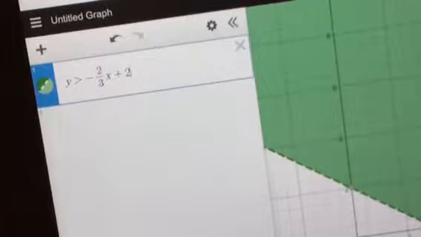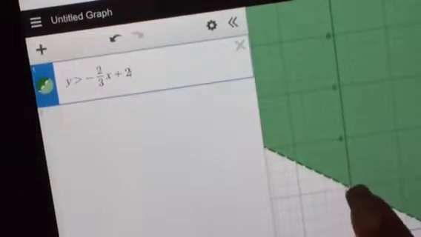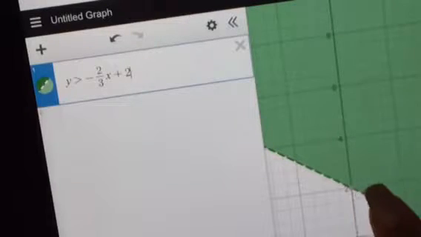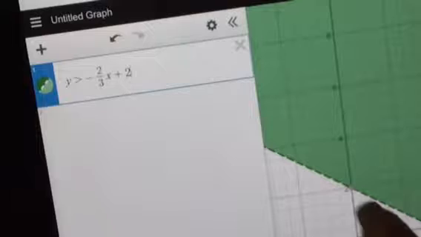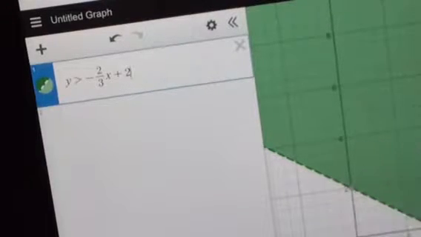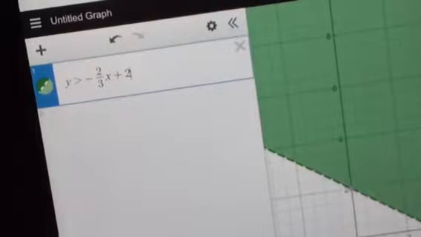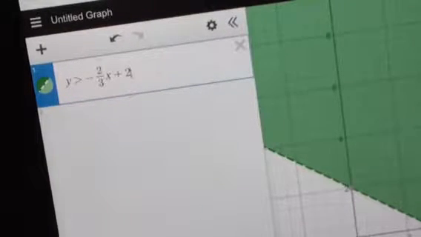There we go. I got a dotted line going through the positive 2. And it's going down, it's dotted, and it's shaded up. I'm going to put a check mark by B and see what else I get.